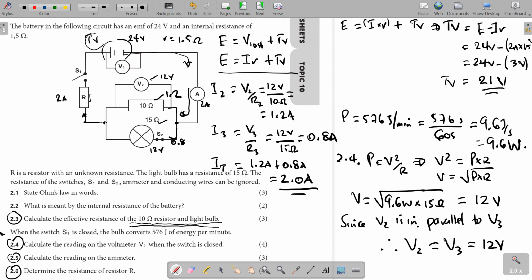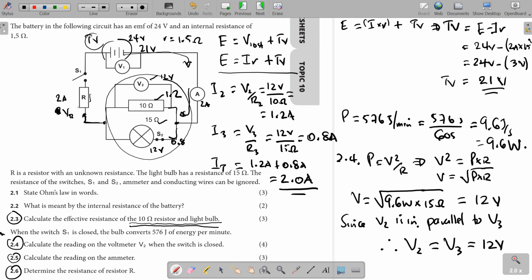Once we know that the voltage throughout the circuit is 21 volts, we need to calculate the voltage here. How to find that voltage is simply the terminal voltage minus the voltage across this network.